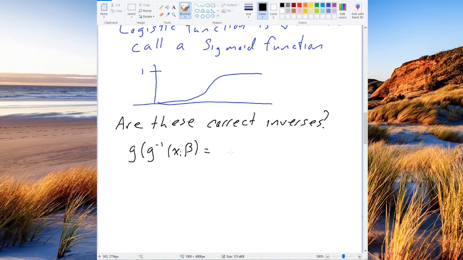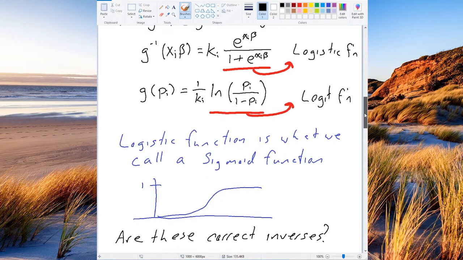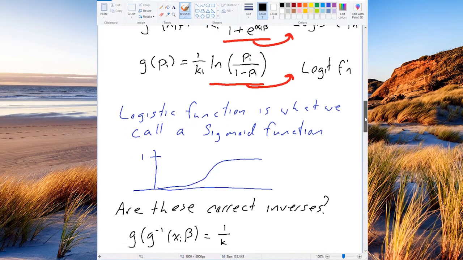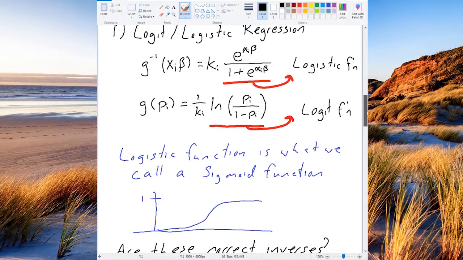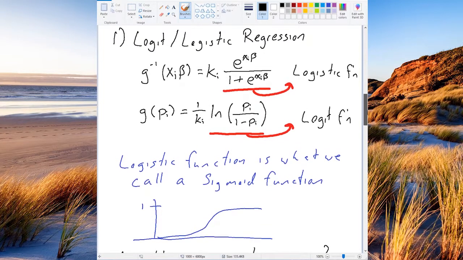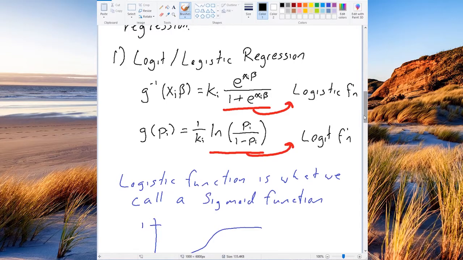is going to be equal to 1 over k. Now this is where I'm worried I might have done something a little wrong. Yeah, that 1 over k is not where it should be.